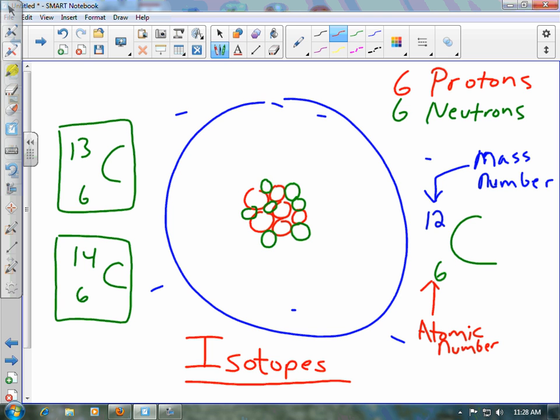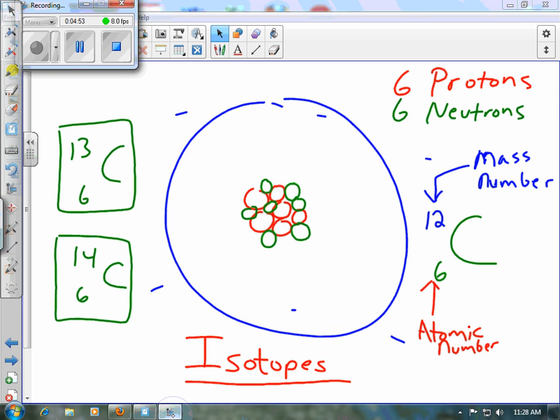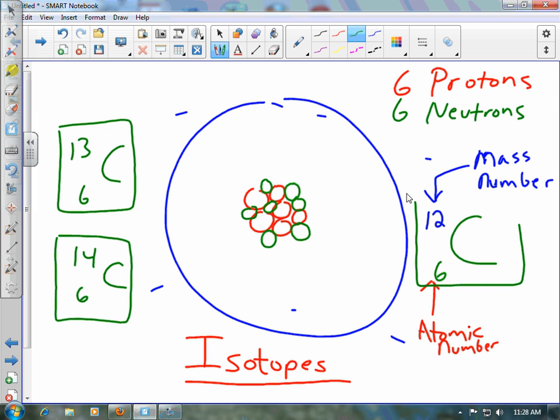Now these different versions of the atom are called isotopes. And all of the isotopes are radioactive, except for the one that is found most abundantly in nature. We'll clarify this as we go along, but the idea is that the version of carbon that's found most predominantly in nature is carbon 12.